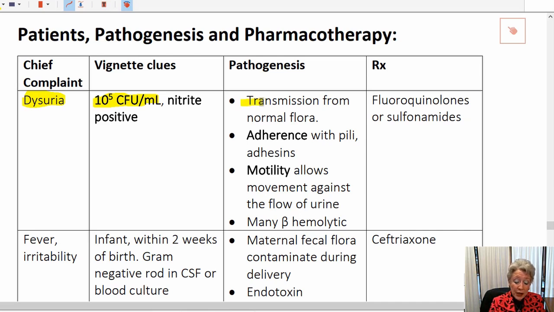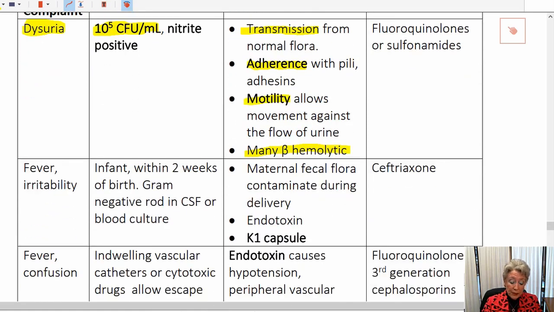In this case, it's been transmitted from your normal flora. The important pathogenic features are adherence with pili, motility, ability to move against the flow of urine, and many of these guys are beta hemolytic, which of course will contribute to bloody or red urine. Treat with fluoroquinolones or sulfonamides.